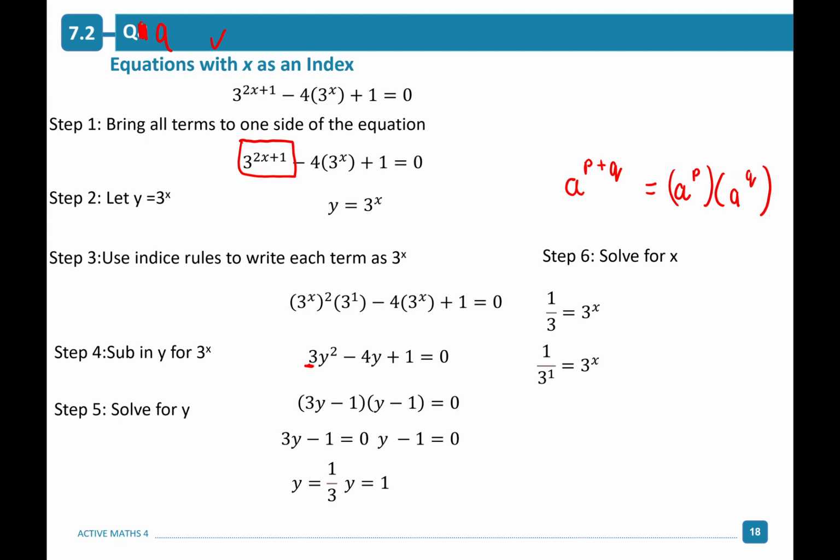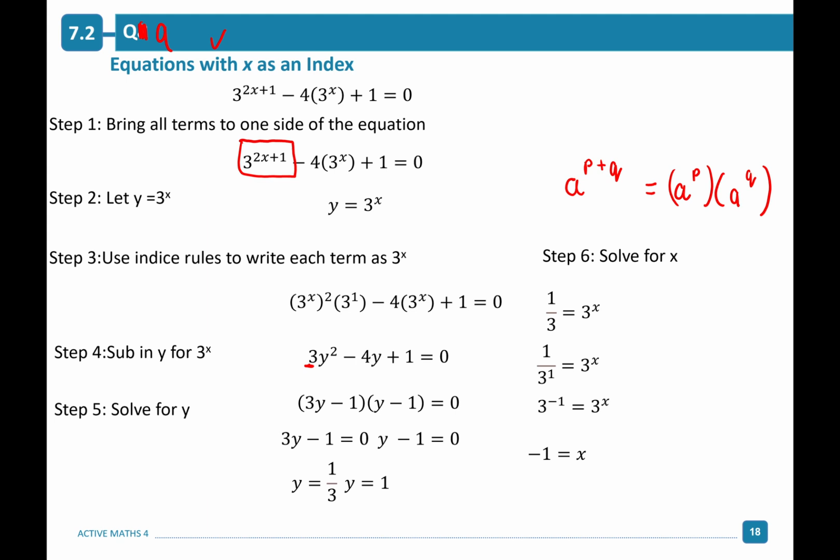And any exponent on our denominator can be written on our numerator by changing our sign. So 1 over 3 to the power of 1 becomes 3 to the negative 1. This is all equal to 3 to the power of x. And minus 1 is equal to x.